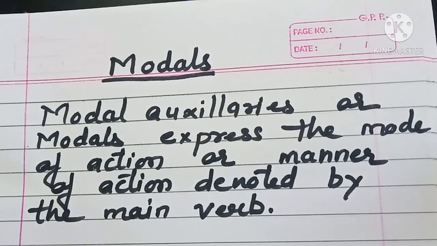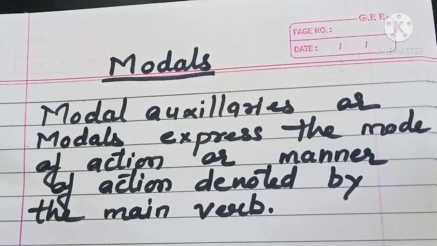Now what are modal auxiliaries and why do we call them modals? Modal auxiliaries or modals express the mode of action or manner of action denoted by the main verb.